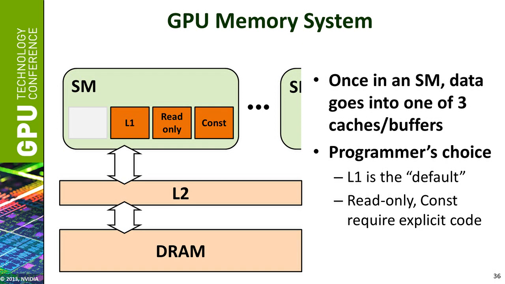Which way you go is purely the programmer's choice. The L1 path is the default, whereas for the read-only path, or texture cache, or constant memory cache, you actually have to do some explicit coding to request that your data travel through those particular paths. And we'll look at how they behave and in which cases you might prefer one over the other.